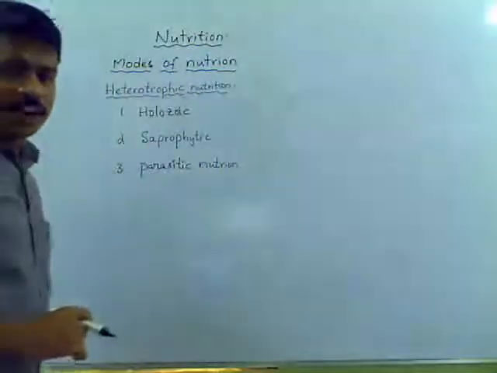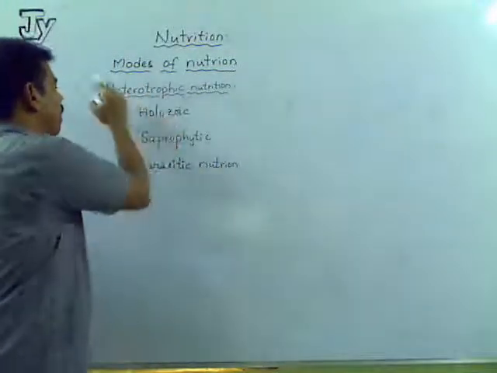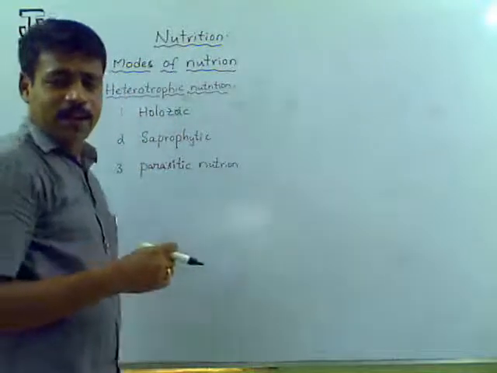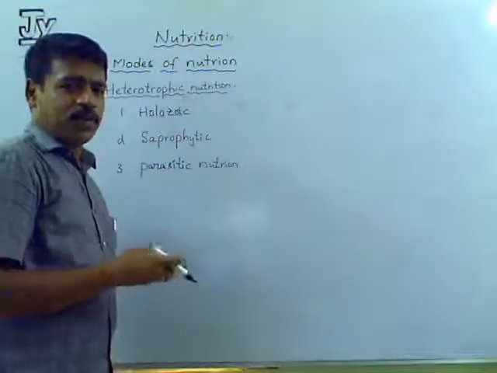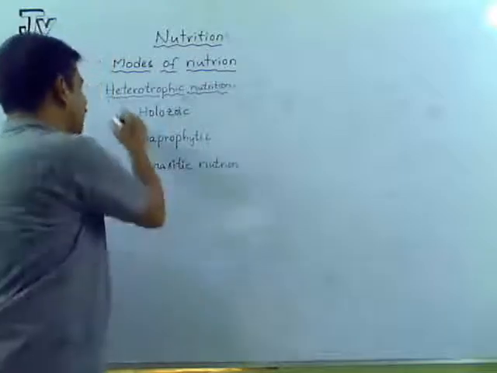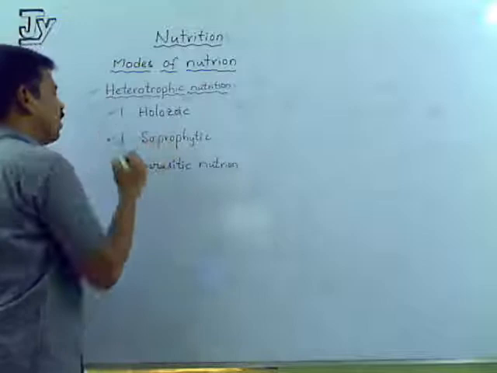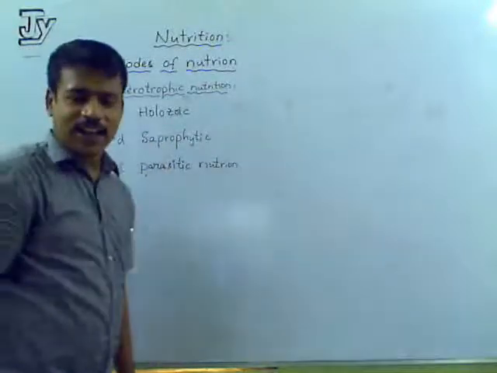Is it clear, students? Okay. So heterotrophic nutrition is based upon how the animal receives its food, and their conditions and situations. It is seen in three types: holozoic, saprophytic, and parasitic nutrition.